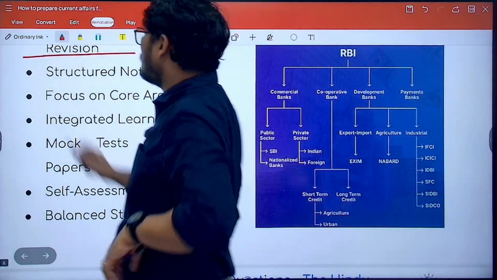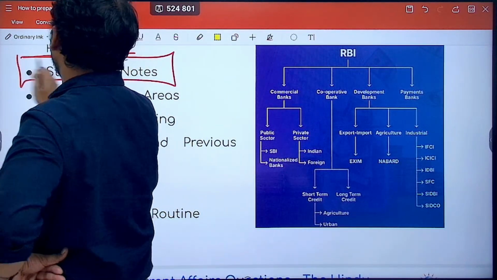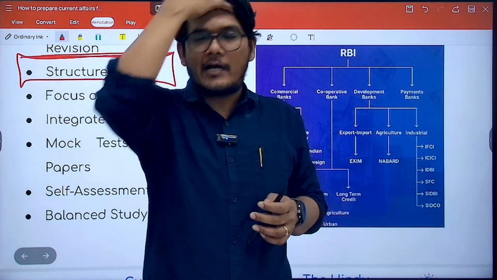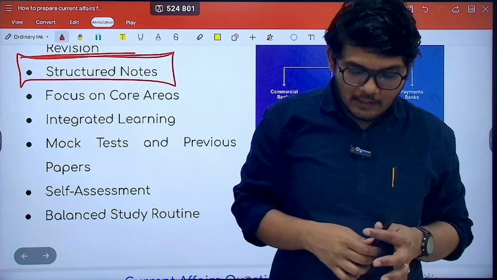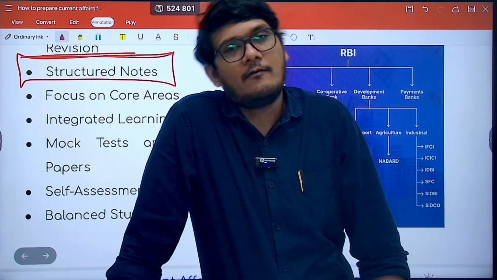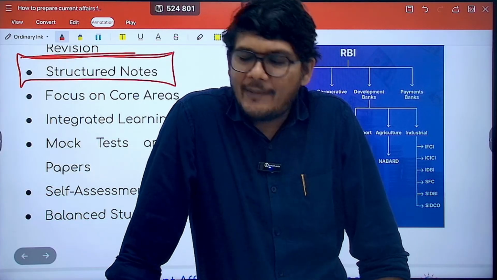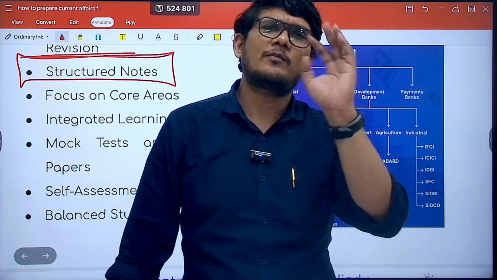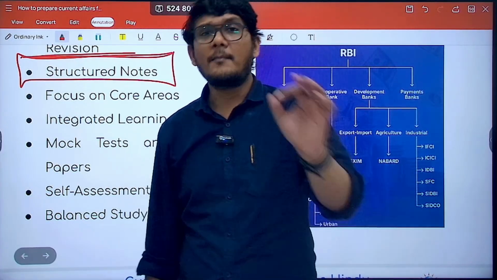One more thing is, you should have proper structured notes. Sometimes you might be reading current affairs from the newspaper, then how do you make notes of it? You may have left it and forgotten it or not made notes of it. So no matter what source you're referring to, proper notes need to be made.